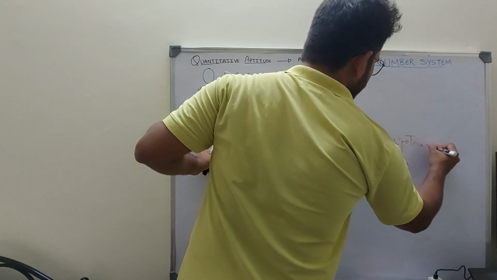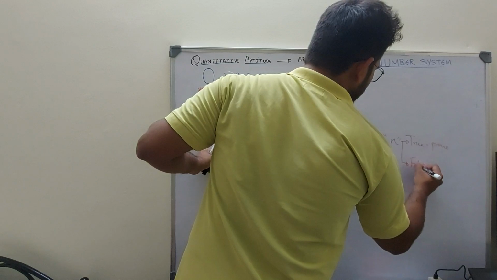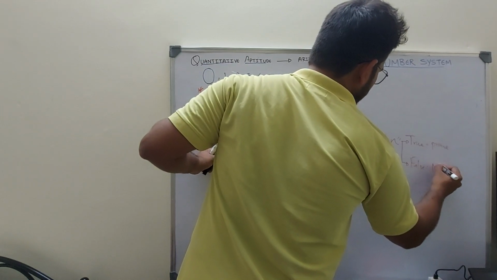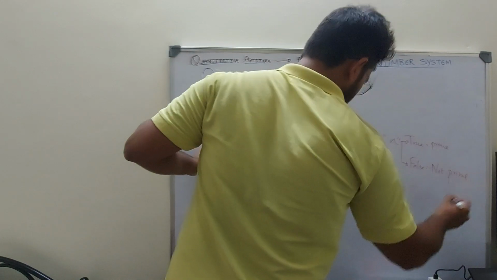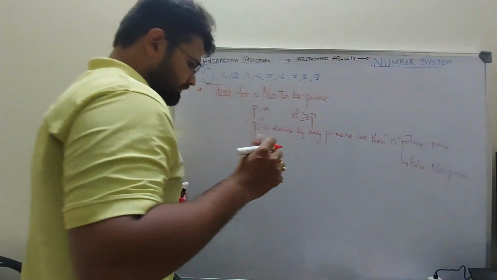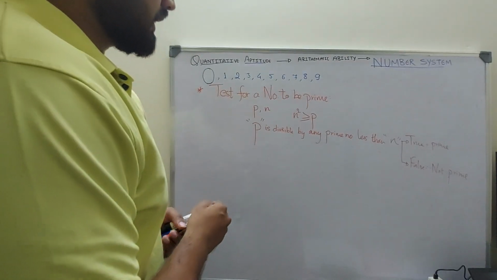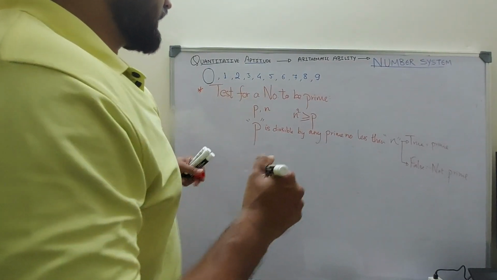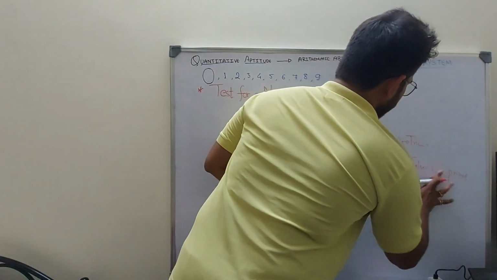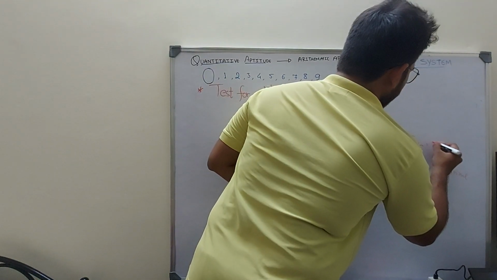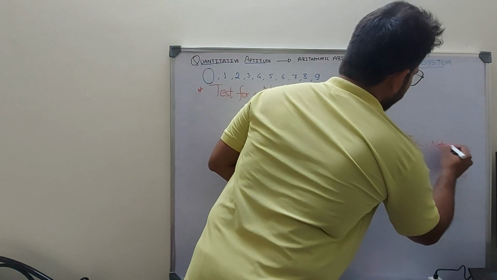If it is divisible, sorry for the mistake, if it is true, then it is not prime because it will have an extra factor, right?